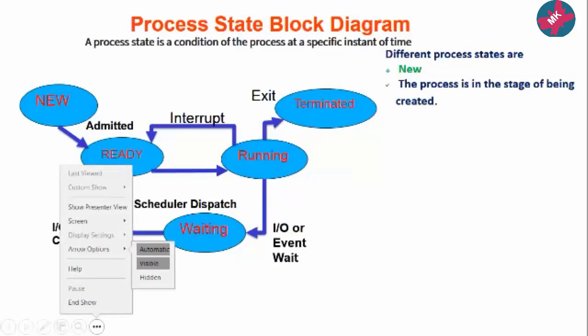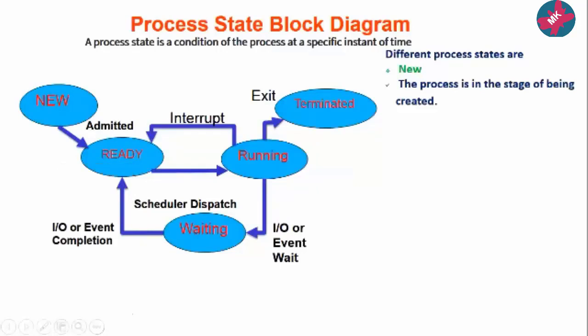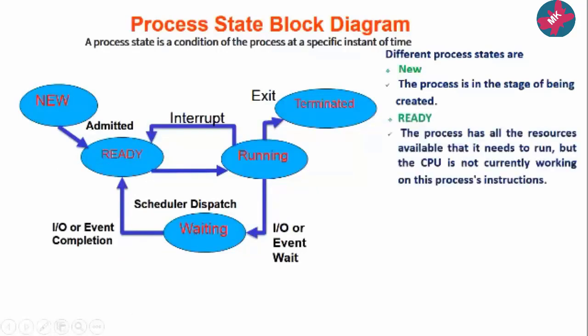Now from the new state, it goes to the ready state when it gets the memory. If you recall, while discussing the task schedulers, we discussed the long-term scheduler. What this long-term scheduler does is that it picks up the process and allocates memory to it.